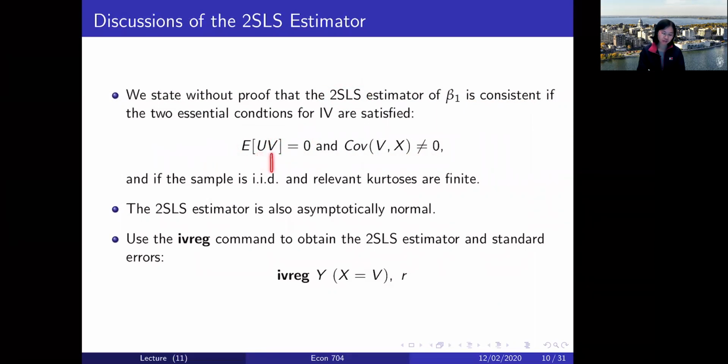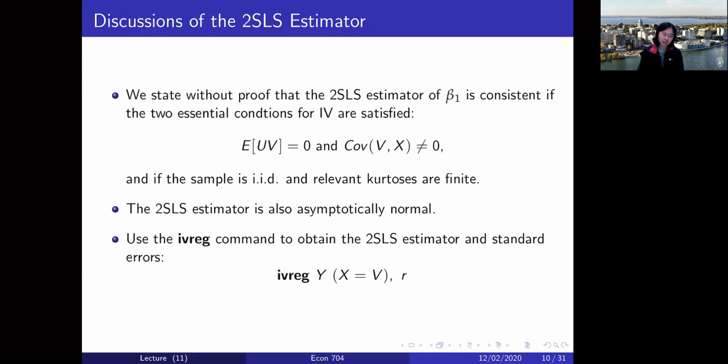So the instrumental variable should be exogenous, and it should also be relevant, correlated with X. If these 2 conditions are satisfied, and if you have the IID sample and no outlier condition, then the 2-stage least square estimator is consistent for the causal effect beta 1.